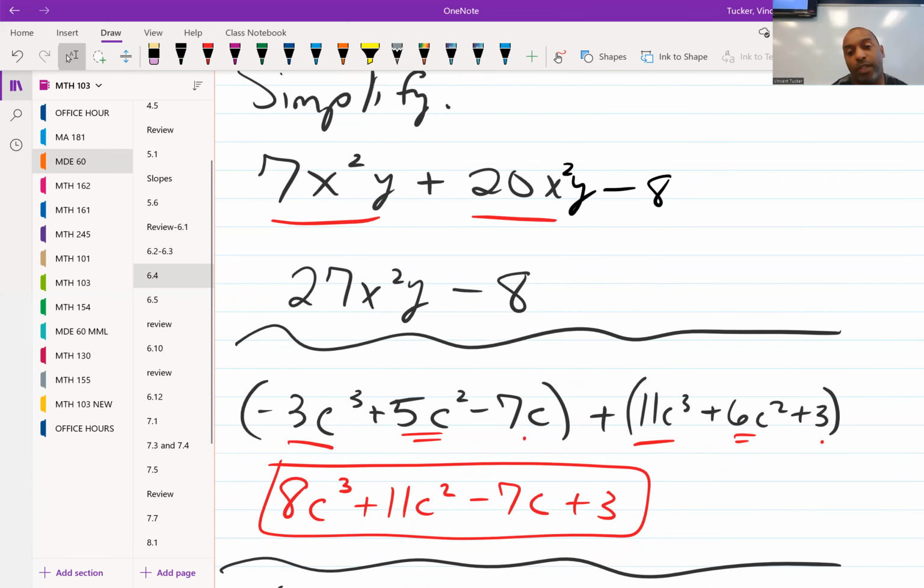Negative 3c cubed plus 11c cubed gives 8c cubed. 5c squared plus 6c squared is 11c squared. There's nothing I can combine negative 7c with, so I just bring it down. Same thing with the plus 3. That's our final answer: 8c cubed plus 11c squared minus 7c plus 3.